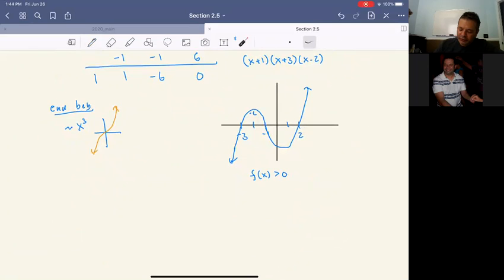Well, between -3 and -1, and then after 2. Do we include the endpoints? No, good. I expect that you would all have said, no, we don't. Okay, so this is our region where f of x is greater than 0.